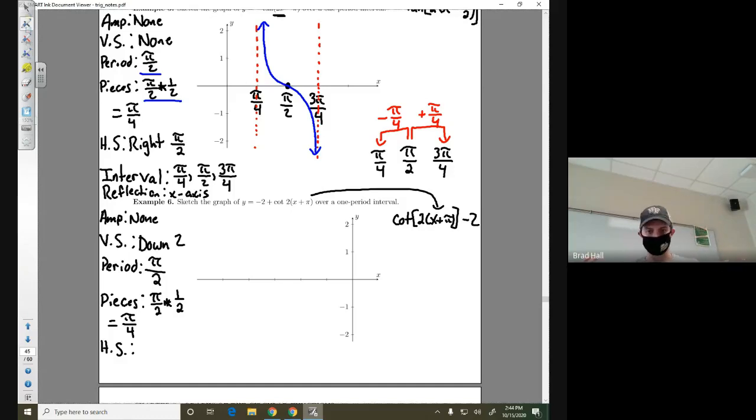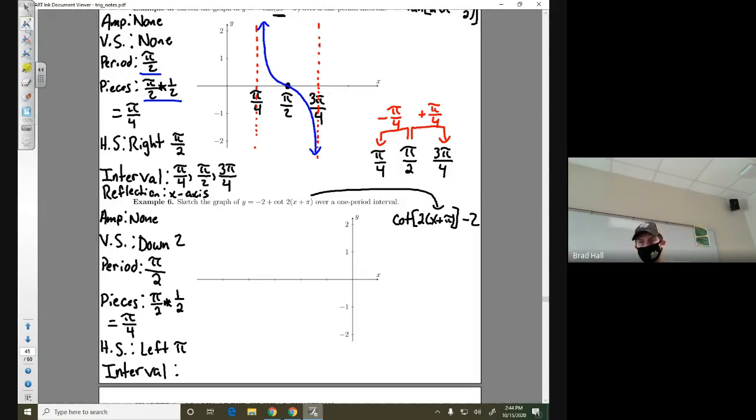And the horizontal shift is to the left pi. So if anything, that gives us the starting point. And we don't have a reflection, so cool.